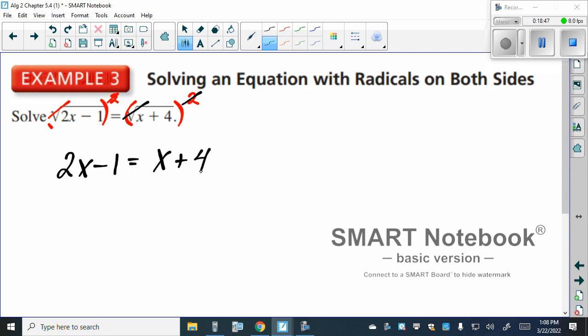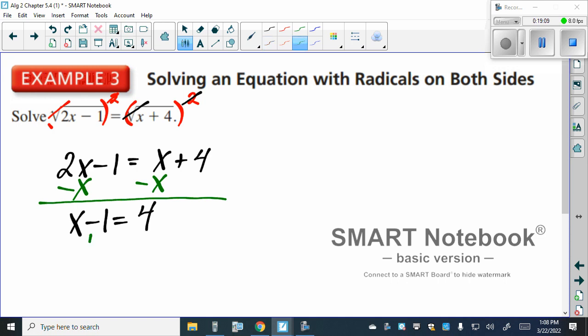Solve for x. So at this point we can subtract x from both sides, because 2x minus x is x. And then we can add 1, telling us x is equal to 5.